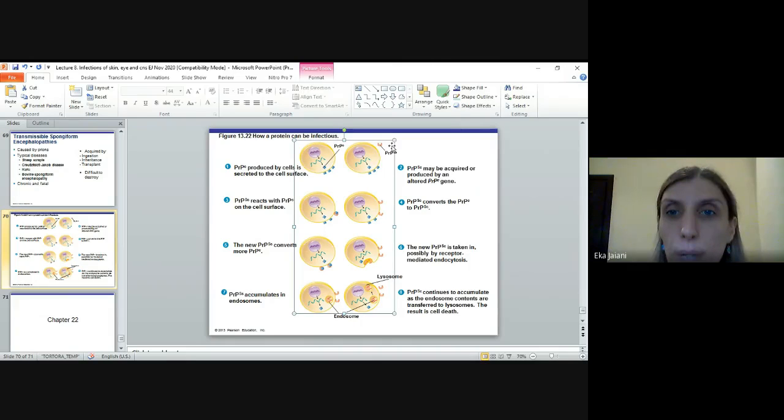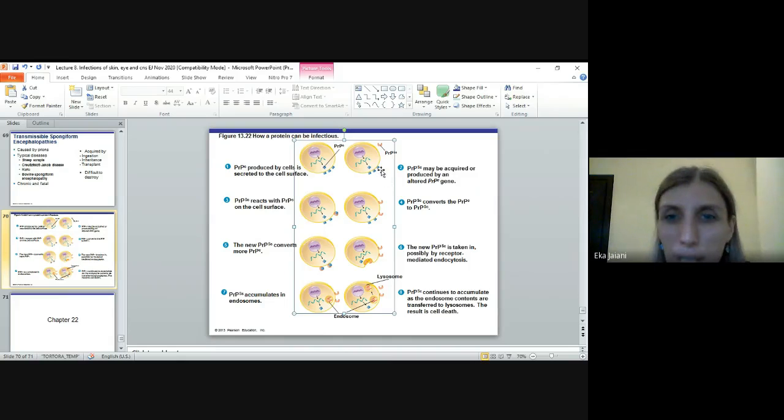This abnormal protein, you see it here, interacts with the normal PrPC and makes it abnormal. I'm sure you have seen the movie Matrix, where Mr. Smith makes all other people Mr. Smiths. Same is with this prion.